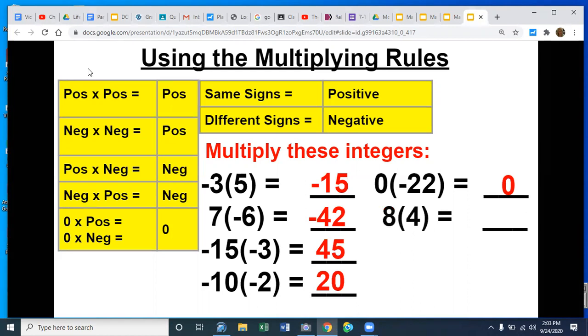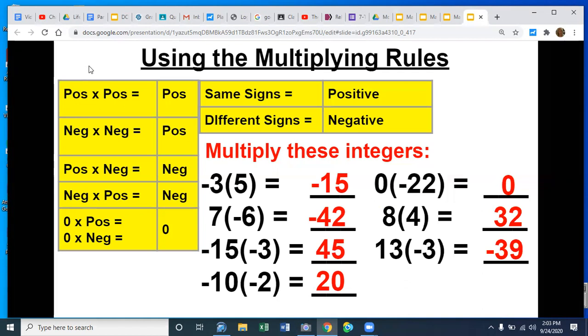8 times 4. 2 positives equal a positive, so 8 times 4 is positive 32. 13 times negative 3. Negative or positive? Exactly, negative. Negative 39.